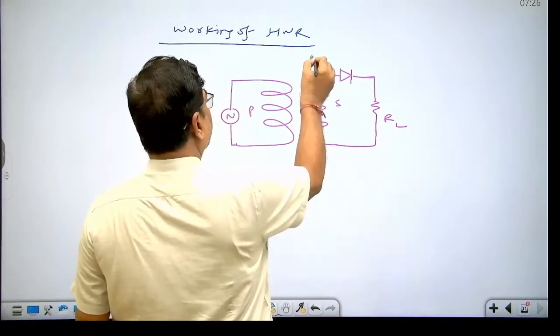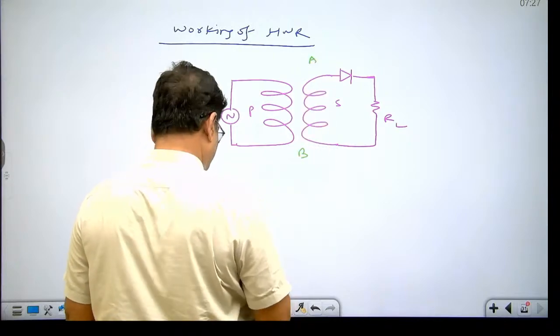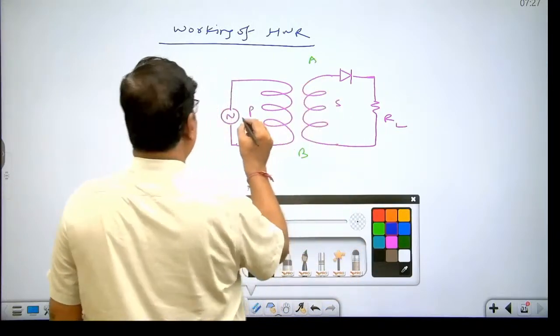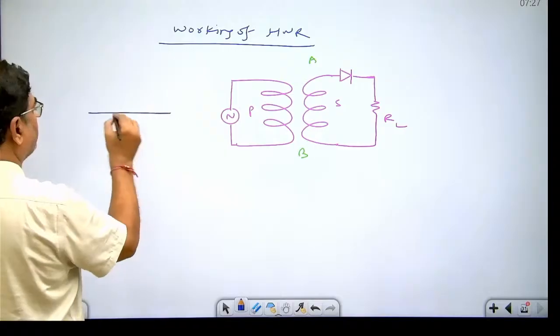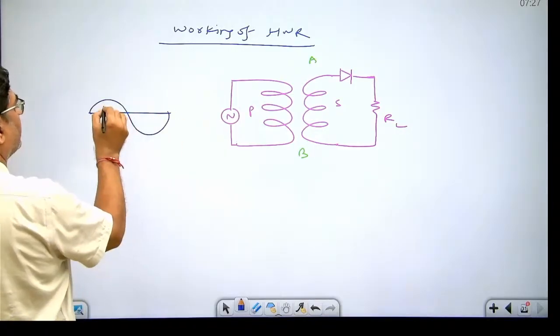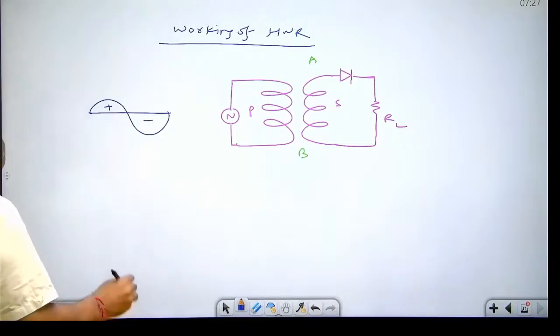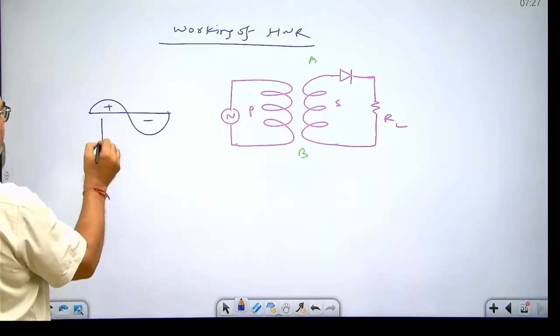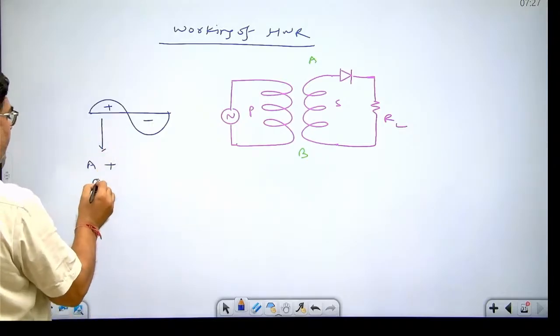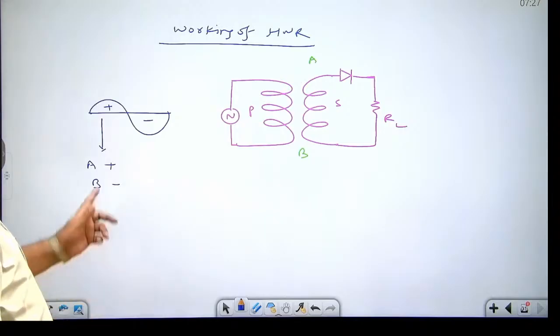Dear student, for the first half part of input signal, this is input AC signal. This is first half part, this is positive, second half part is negative. For the first half part, this point A remains positive and B remains negative, means diode works.